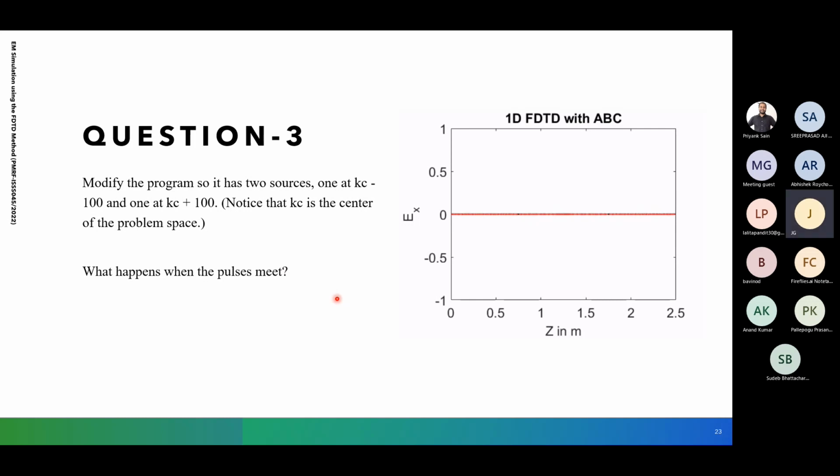Can you please show the code how you have defined two sources? Is it possible? Yeah, I can do that. I think it should be there in the code. Let me see. My MATLAB is open.